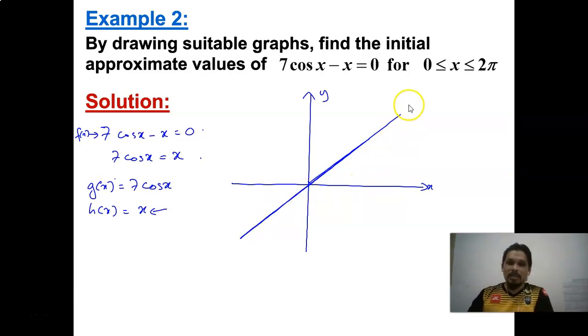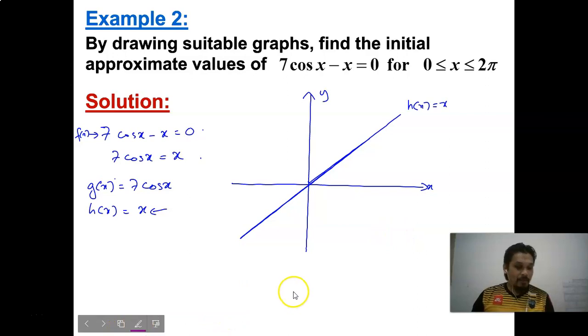Just assume that this is h(x) equal to tan x, which is 45 degrees between the line to the x-axis and 45 to the y-axis. Just imagine it.